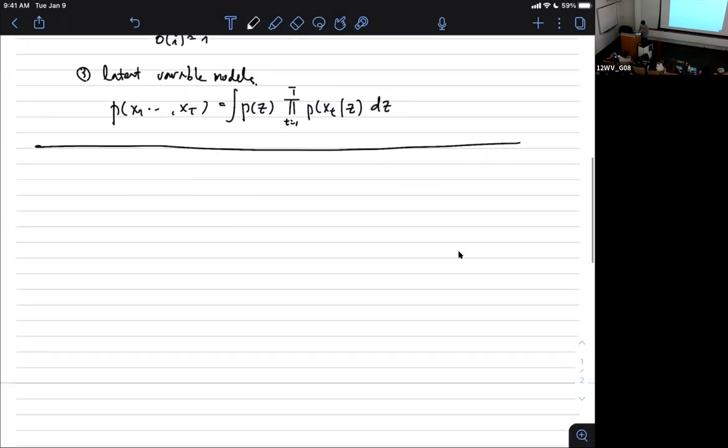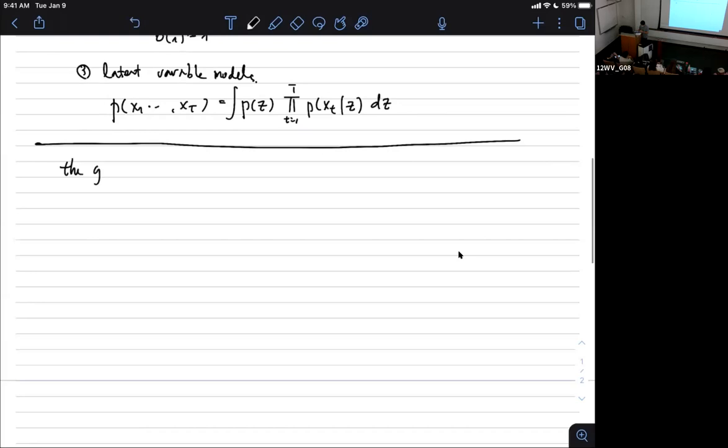So what is the goal of language modeling?